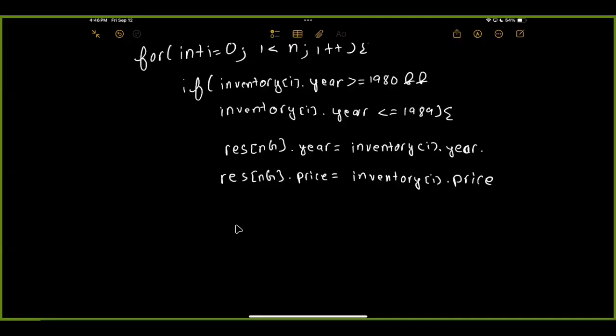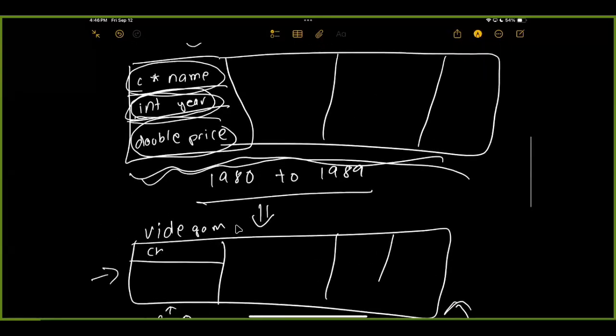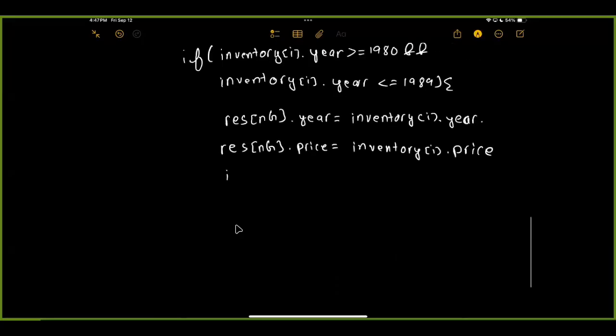Now what I want to do is, since here it is a character array which is dynamic, I need to allocate space for this array and then fill it with the name of the video game. So first of all, I'm going to say int len equal to string length of inventory at the ith position dot name.